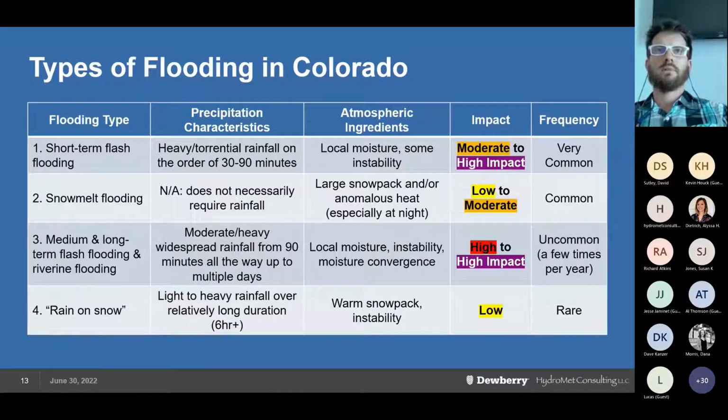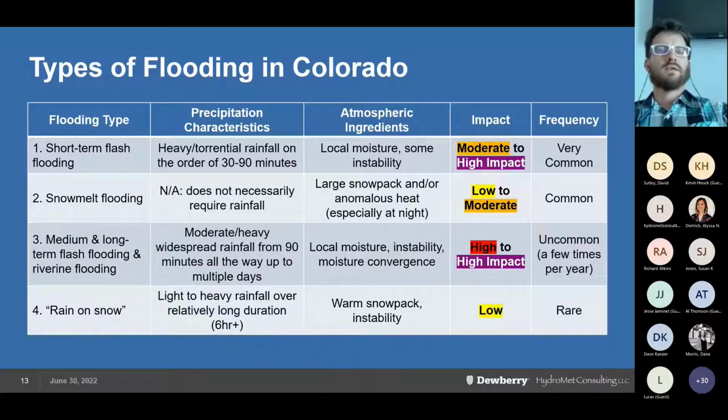The typical impact, fortunately, is mostly low to maybe moderate at times, but unless we have rainfall coinciding with the snowmelt, we typically don't see very serious situations from this. And again, that's very common during the May and June months, sometimes even April, like this year in the Southwest.